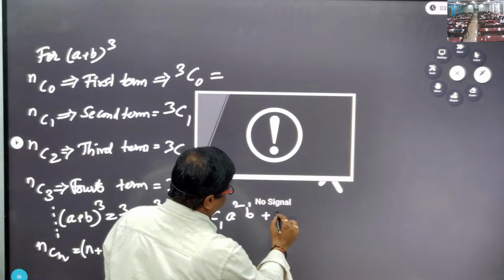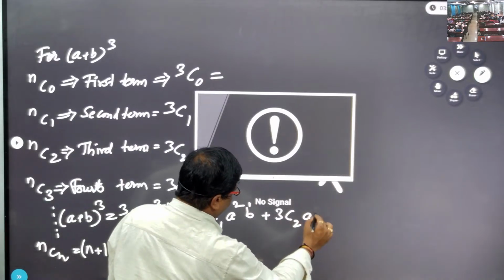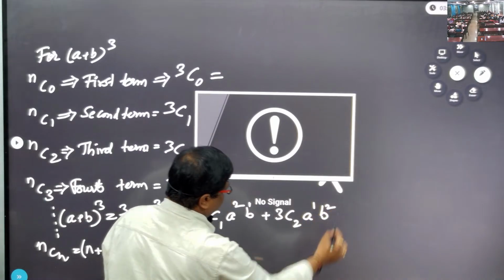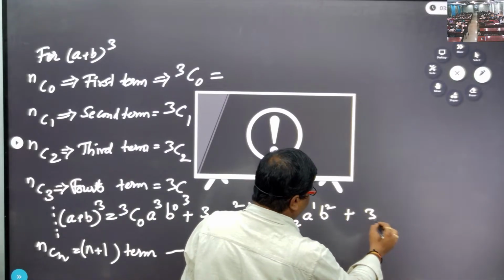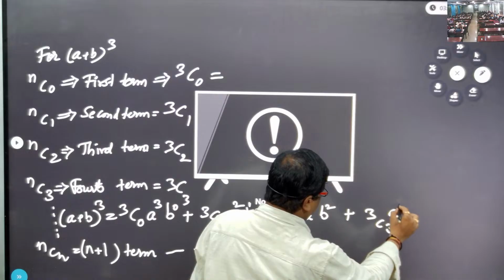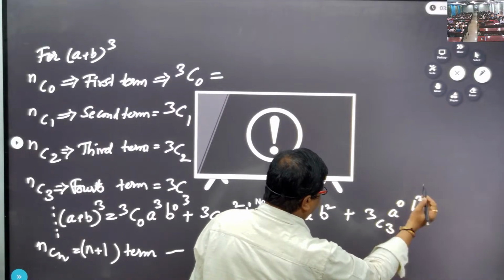Next 3C2, a power 1, b power 2, plus 3C3, a power 0, b power 3.